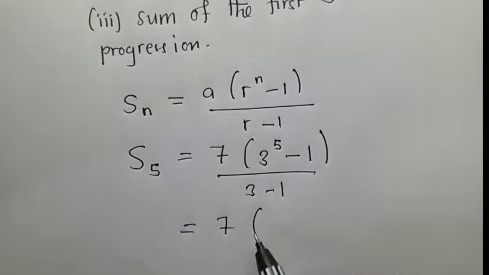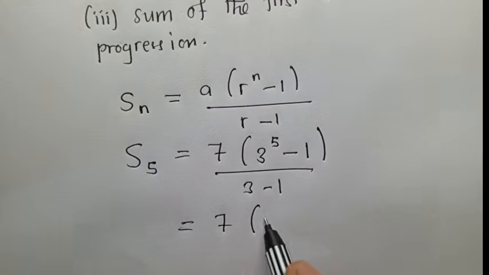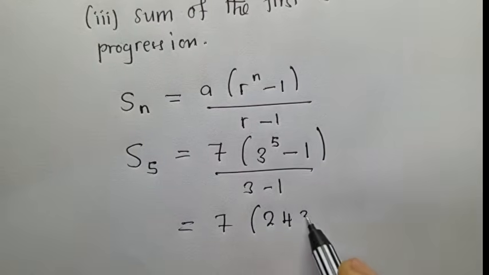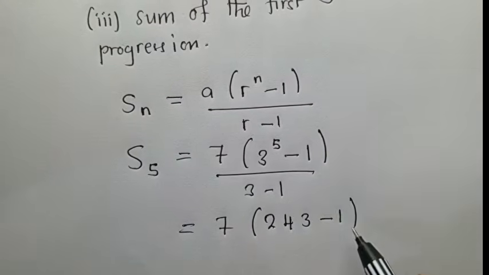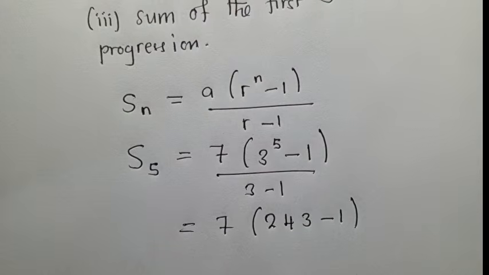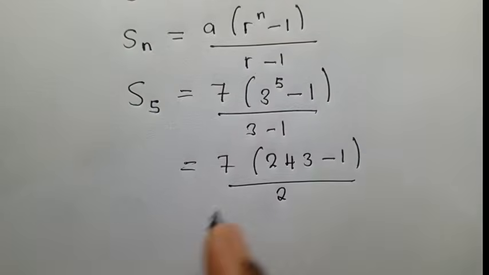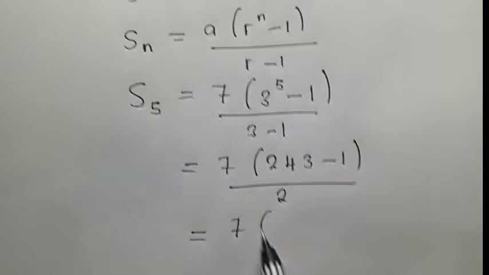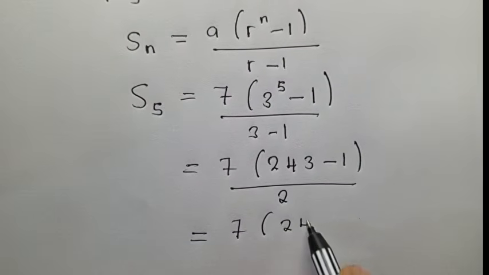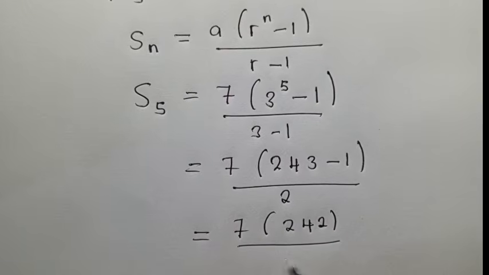So we work out things. When we simplify inside the brackets, 3 power 5 gives us 243, and then we say minus 1. Down here we're getting a 2. We simplify further: 242 over 2.